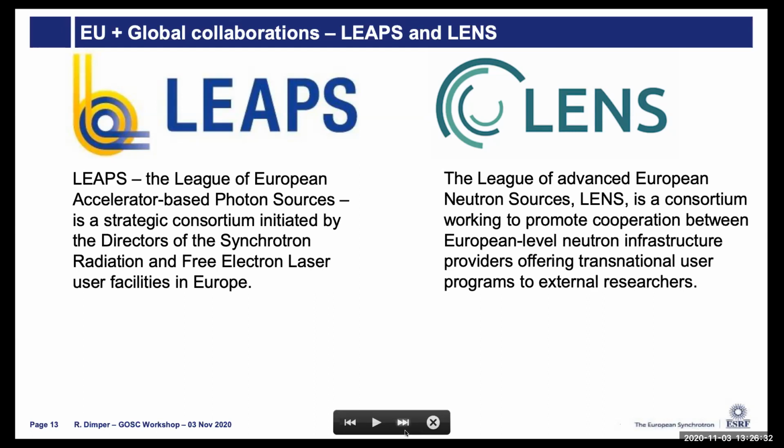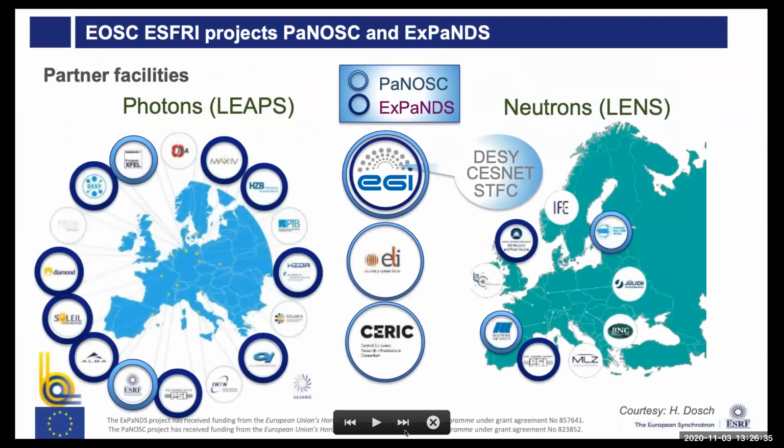Next slide, please. And then we have the European projects connecting to the European Open Science Cloud. Now here you have the European photon and neutron facilities who participate in the PANOSC and EXPANSE projects, highlighted here with the circles in different colors. So most of the research infrastructures are together in these two projects. And so these two projects are among the science cluster projects.